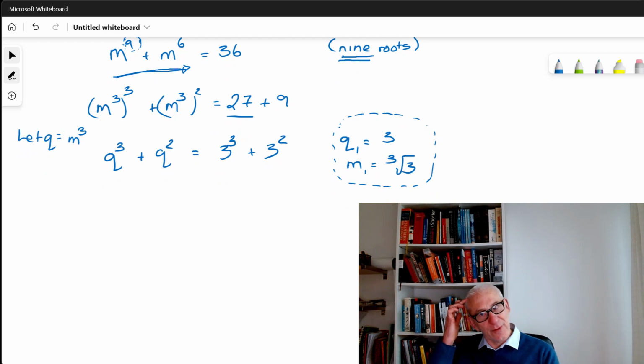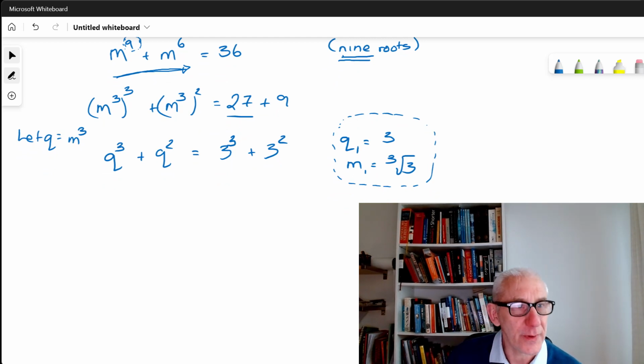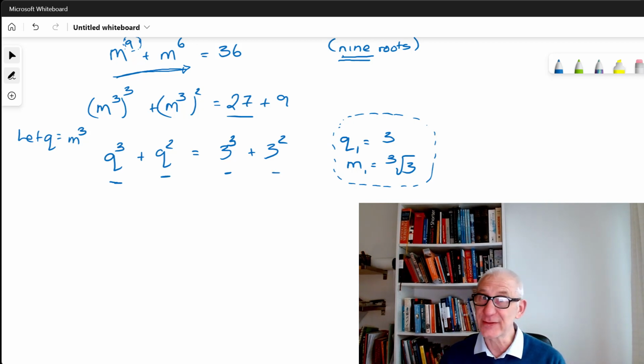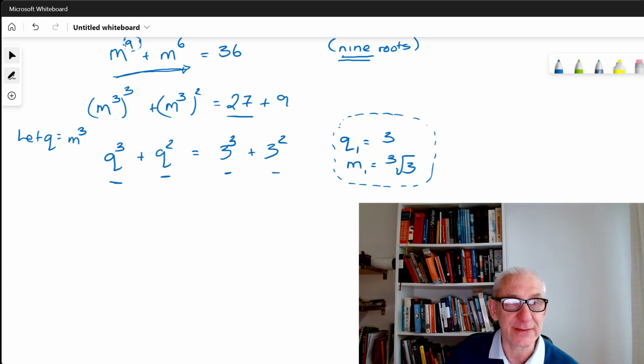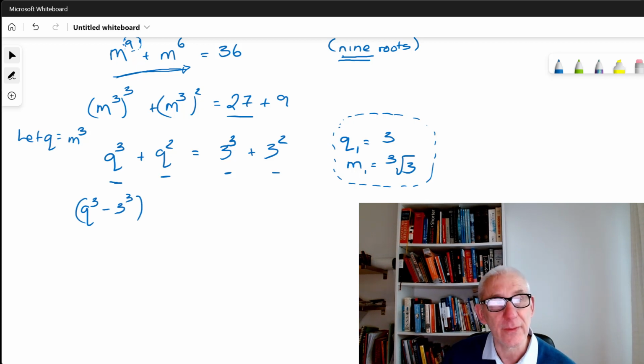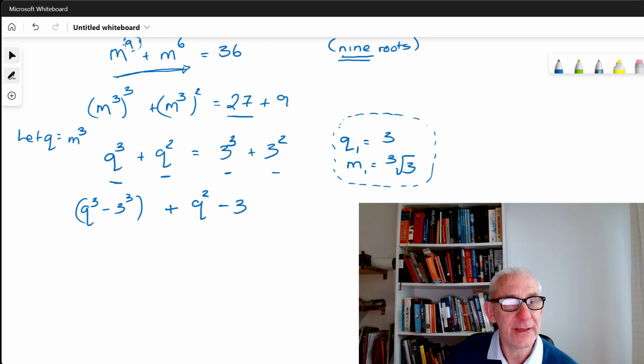Okay, let's move on. So what we're going to do now is rewrite q cubed, 3 cubed, q squared and 3 squared as the difference of 2 cubes and the difference of 2 squares. So we're going to write q cubed minus 3 cubed as one expression, and q squared minus 3 squared.